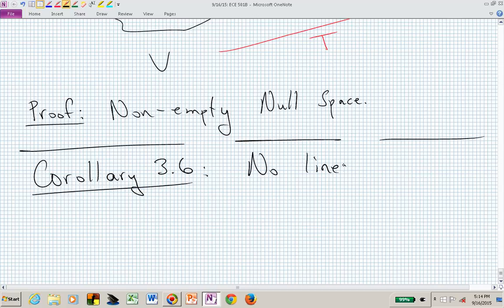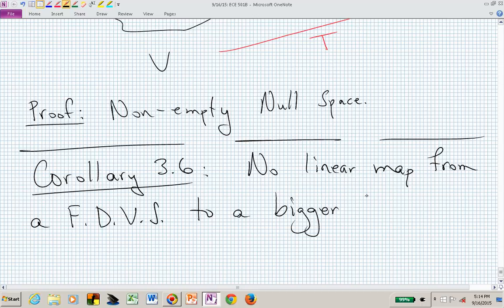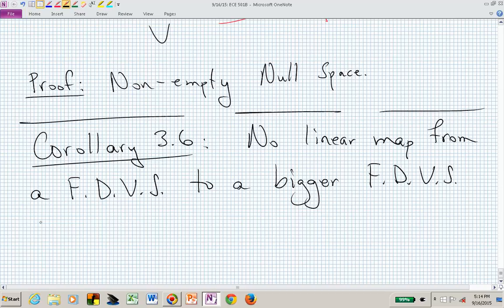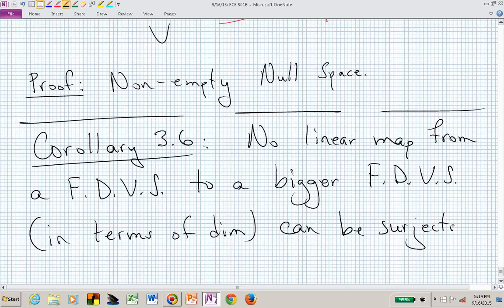No linear map from a finite dimensional vector space to a bigger finite dimensional vector space, again, where bigger is in terms of dimension, can be surjective.